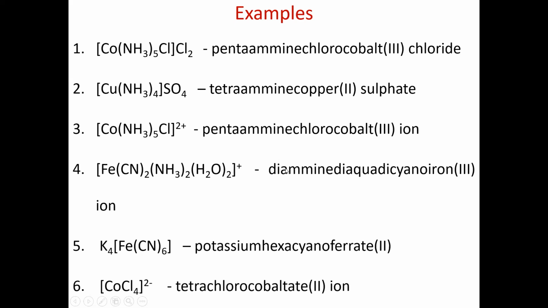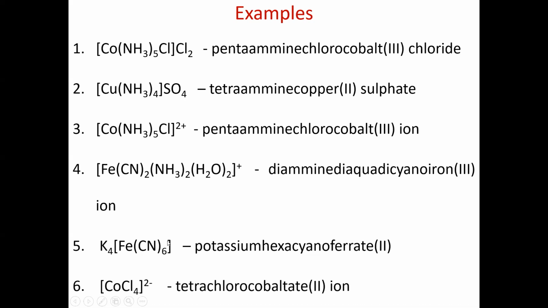Now, if this sign here was negative, what is going to be the name of this complex? Diamine, diaqua, cyanoferrate 3. Good. So it's going to be ferrate, isn't it? Yes, ma'am. That's what I want you to get.